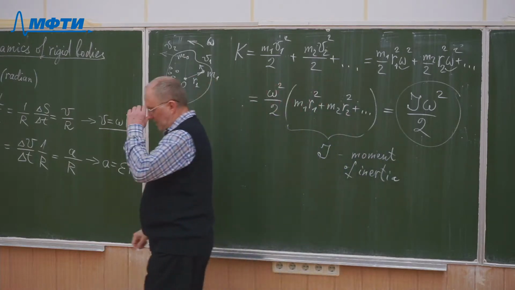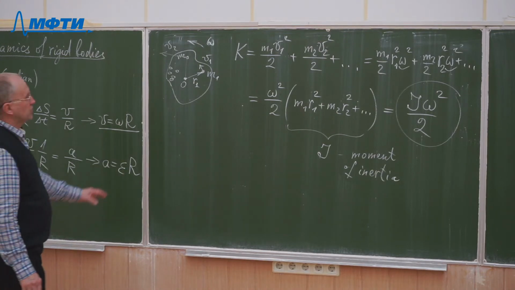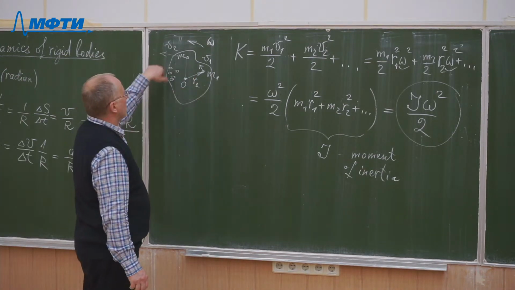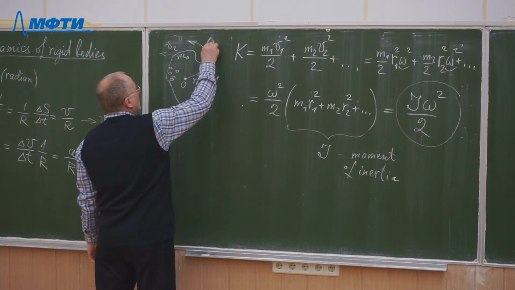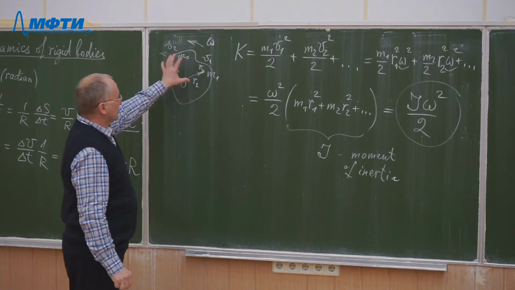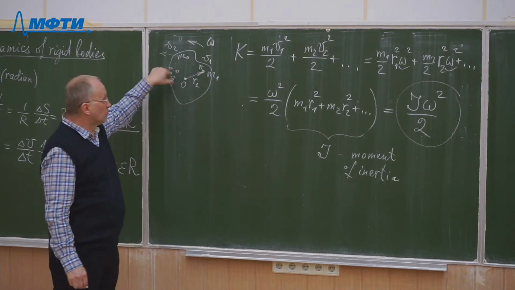That will be the kinetic energy of a rotating rigid body if it rotates with angular velocity omega, and if the body is actually rigid, that is non-deformable.